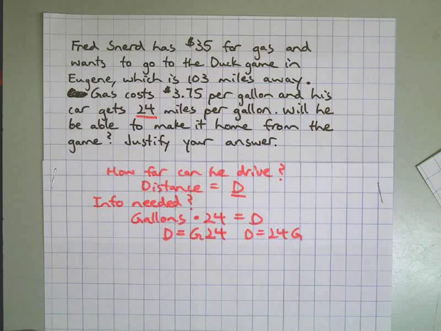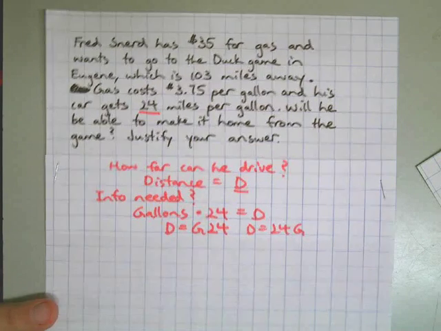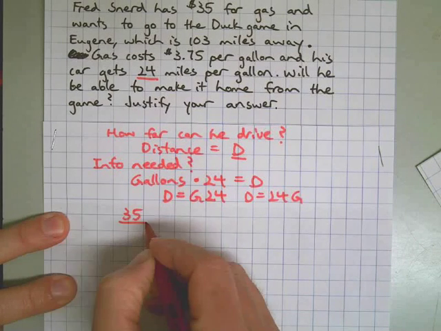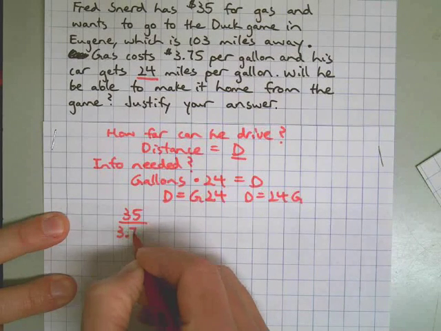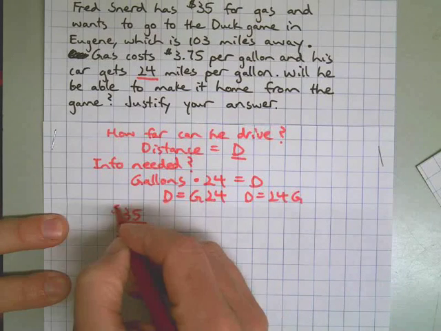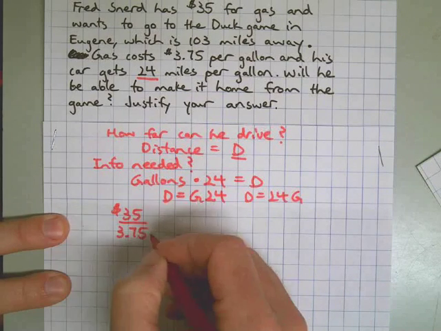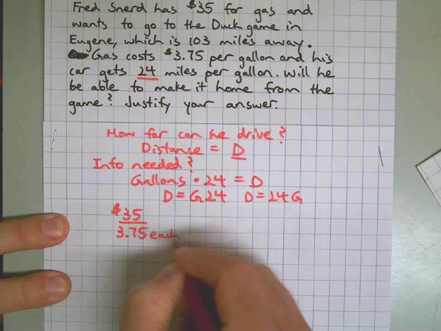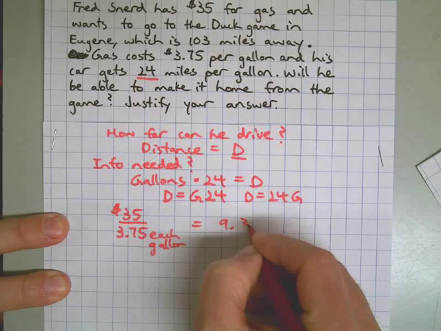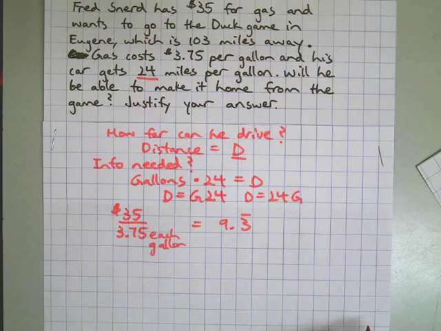What do we need to get that information? Well, we have how much money he has, and we know how much each gallon costs. So if we divide his money by the cost of each gallon, we will know how many gallons he can purchase. And he can purchase 9 1/3 gallons, or 9.3 repeating.